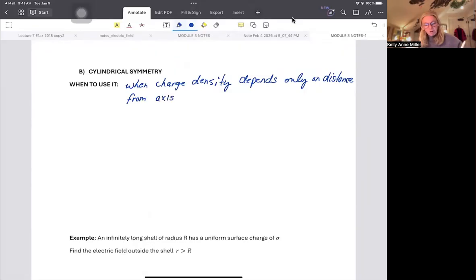For example, the one that you constantly run into is an infinitely long wire, or an infinitely long cylinder. Those are the two main ones.